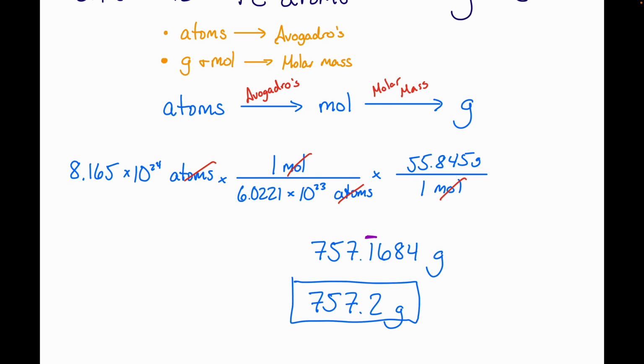Cool. Okay, so that's great if we're talking about individual elements. Then we just look on the periodic table for those molar masses. All right, but what about the molar mass of a chemical compound?